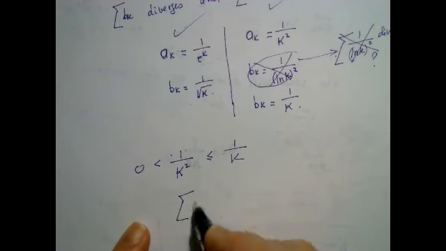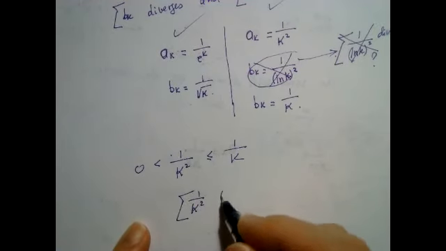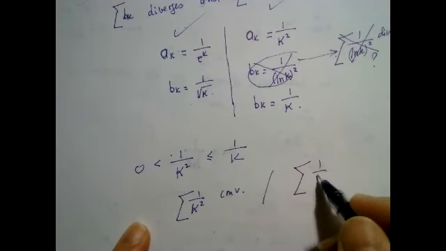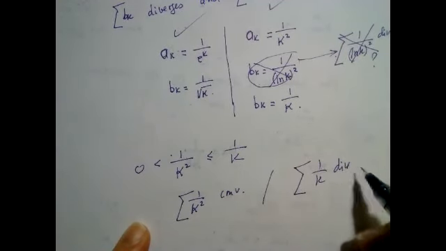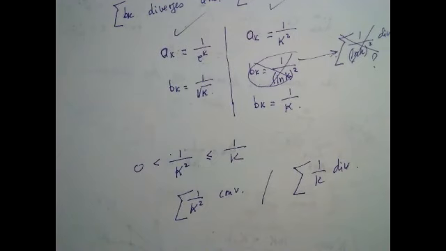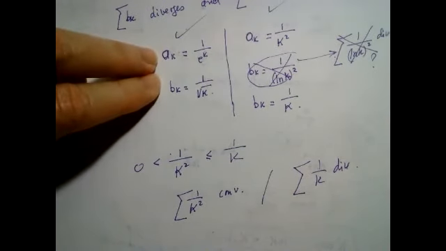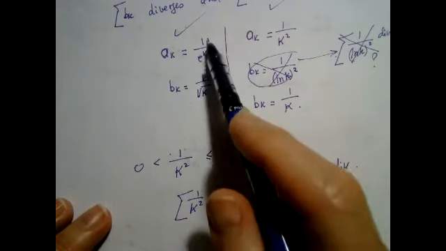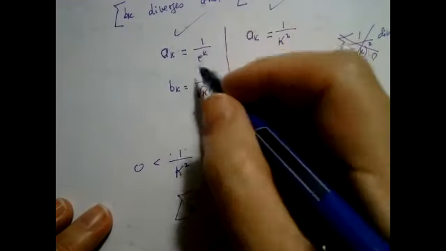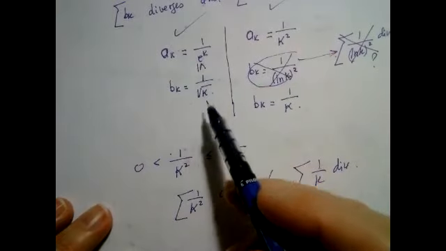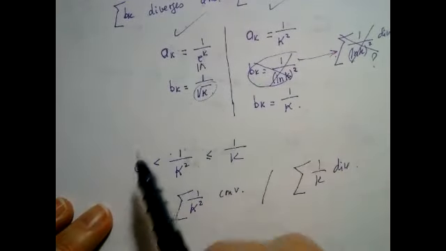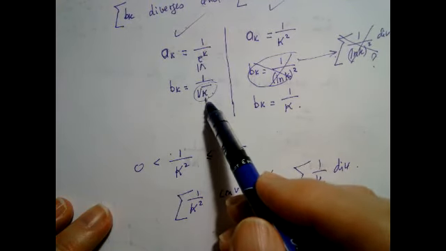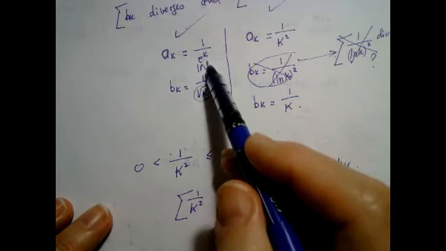The smaller series, sigma 1 over k squared, definitely converges. The larger one, 1 over k, diverges. Absolutely correct. The one that Wyatt took is also correct. 1 over e to the k is way, way smaller than 1 over square root of k, because the denominator is larger.